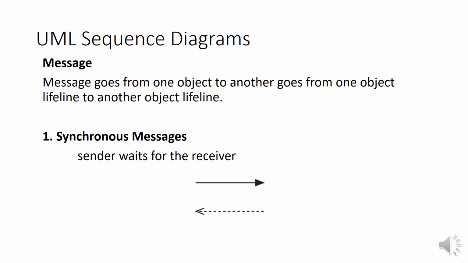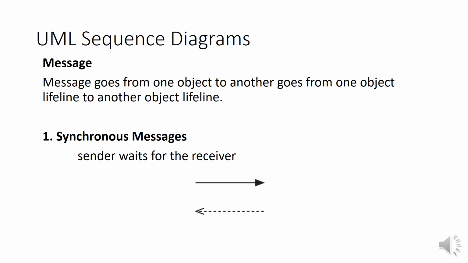First is the synchronous message. As the name indicates, the sender waits for the receiver. Synchronous message is represented by a solid line with a filled triangular head.